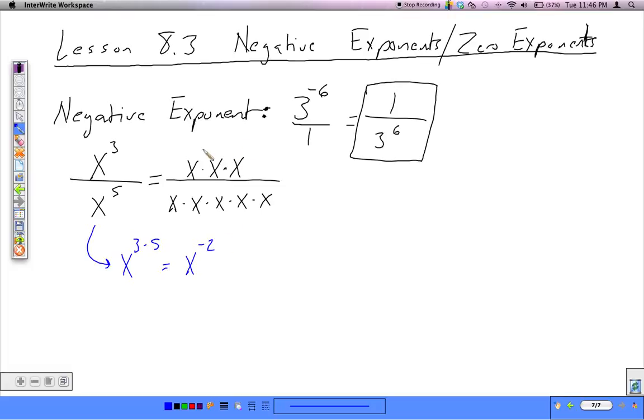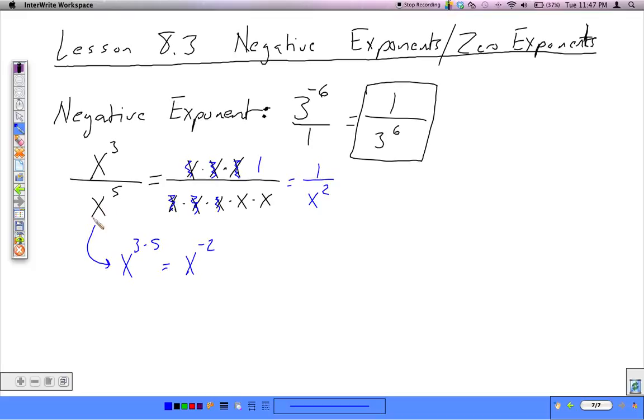But if we look at the long way of solving, it actually allows us to cancel. If I had x over x, it equals 1, so it can go away. x over x equals 1, and x over x equals 1. So all I'm left with on top is a 1, and I'm left on bottom with 2 x's.